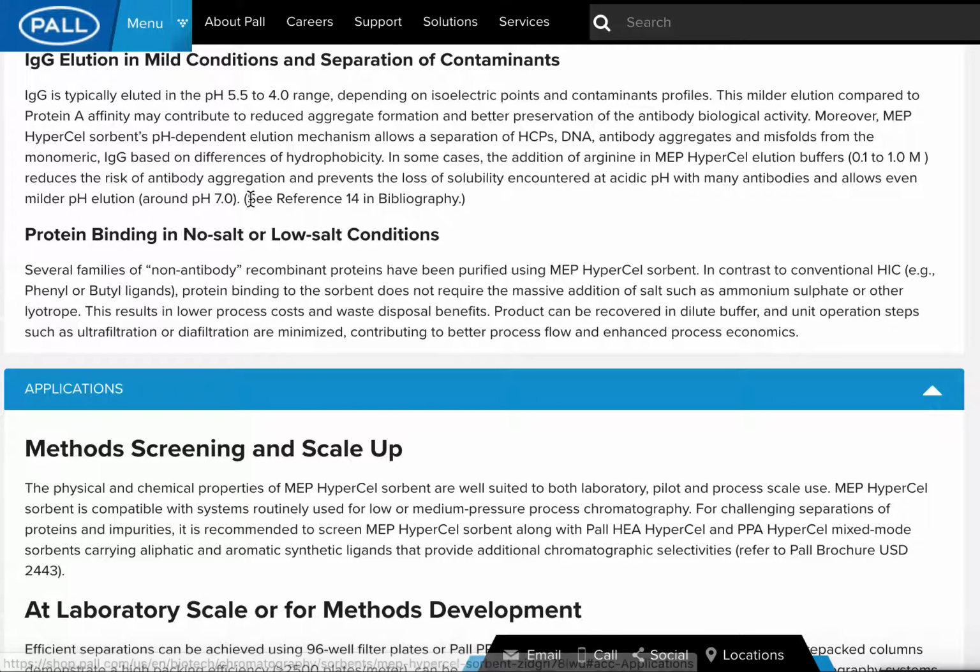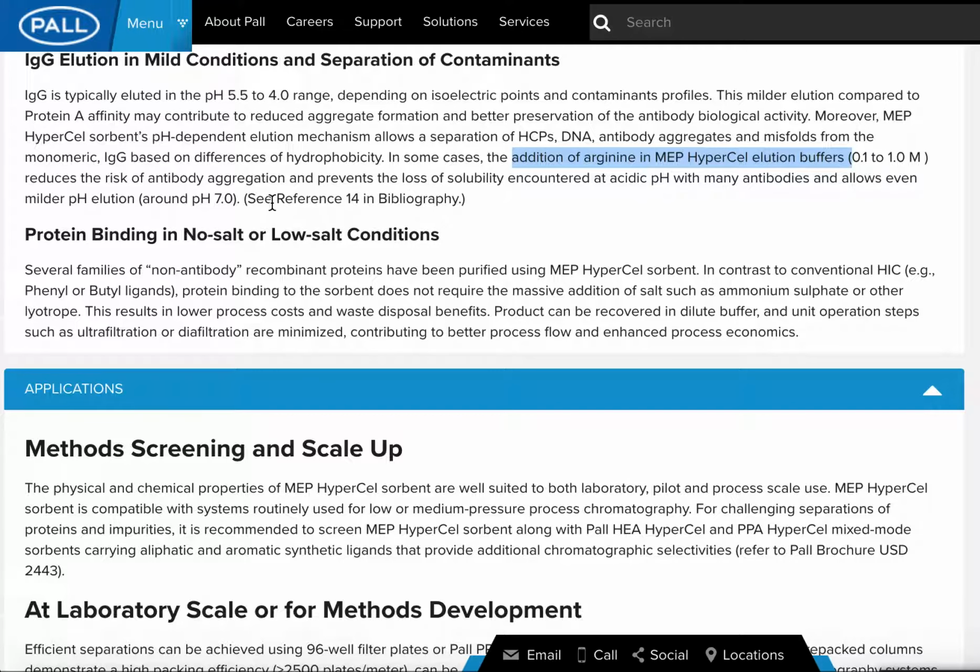Let me read that again. I'm having a good time making this video actually. In some cases, the addition of arginine in MEP HyperCel elution buffer, 0.1 to 1.0 molar, reduces the risk of antibody aggregation. So the addition of this in MEP HyperCel elution buffer reduces the risk of antibody aggregation and prevents the loss of solubility.